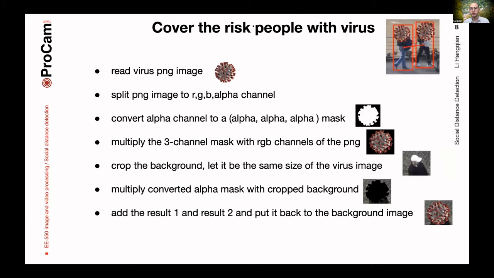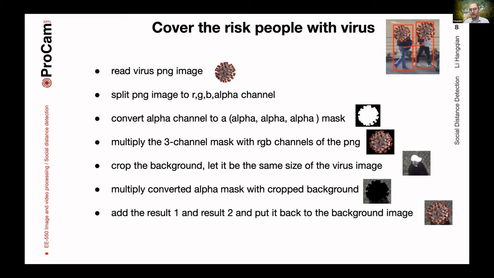Another thing is covering the risk people with a virus, but unfortunately there's no function in OpenCV to overlay an image with a transparent channel onto another image, so I need to do it by myself. First, I read a virus image and split it into 4 channels, RGB and alpha, and then convert the alpha channel to a mask.